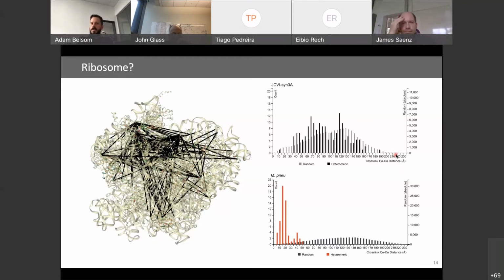Where possible, how often does the pneumonia interactome agree with the SYN3A interactome? I haven't looked at that in huge detail.